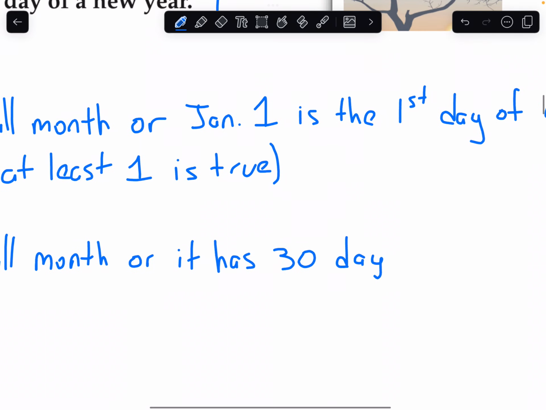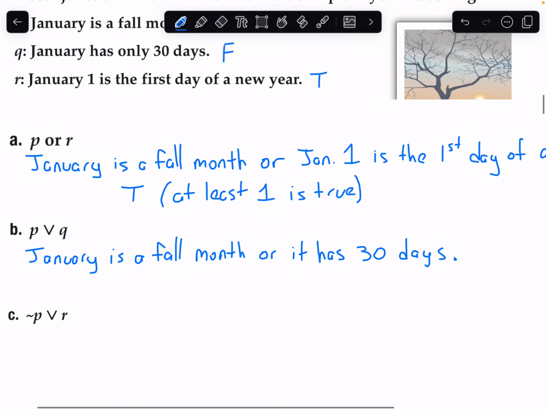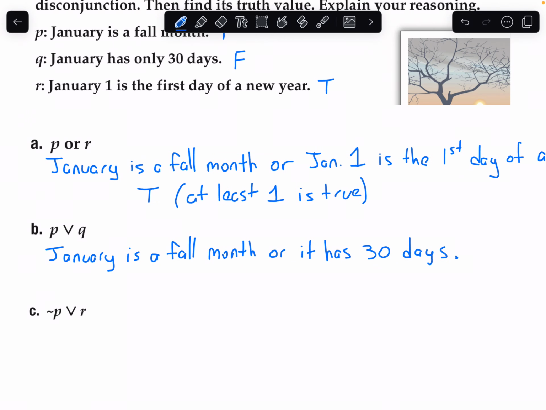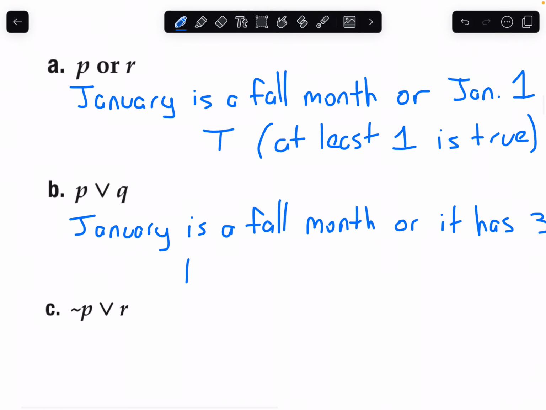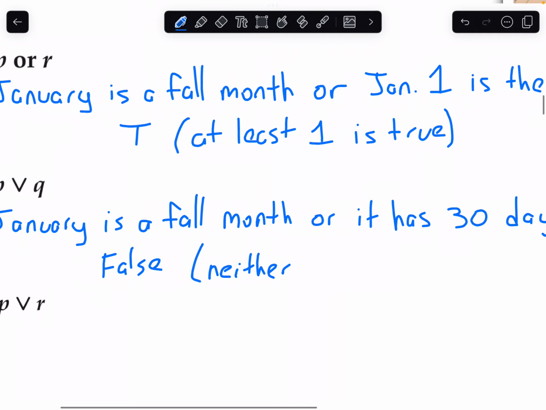Those are your options. You have to choose one. Choose wisely. I can't choose either of those. Those are both false. This whole thing is always going to be false. Neither option is true.